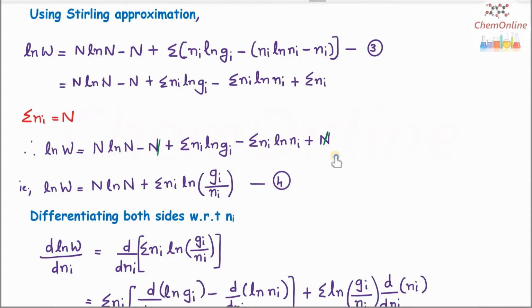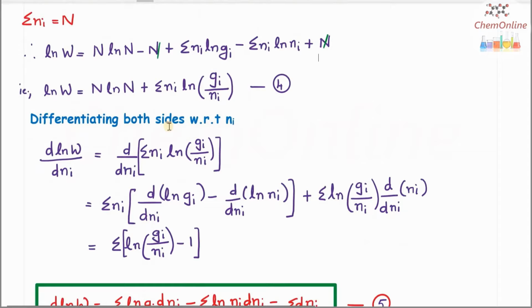So you can write log W equals n log n plus summation ni, here log Gi minus log ni, which can be written as summation ni log Gi by ni. Equation 4.